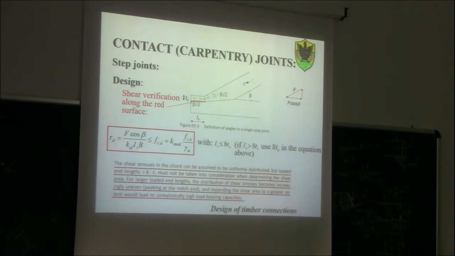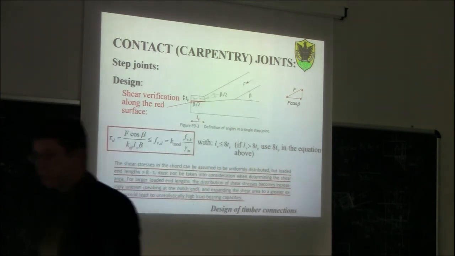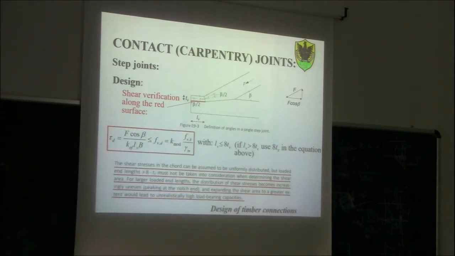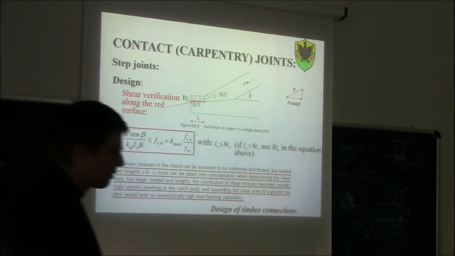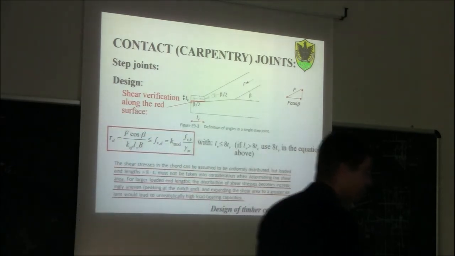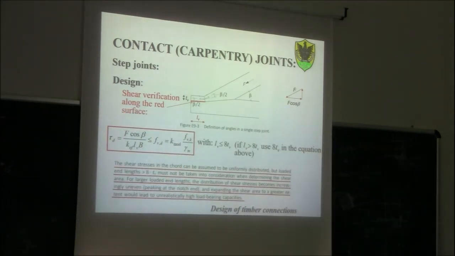Times KEF. KEF is this crack coefficient that we heard about when we were talking about shear. So this coefficient, which is equal to 2/3, takes into account that due to cracking in solid timber, also in glue gum, we will have a narrower resistive cross section in shear at least.